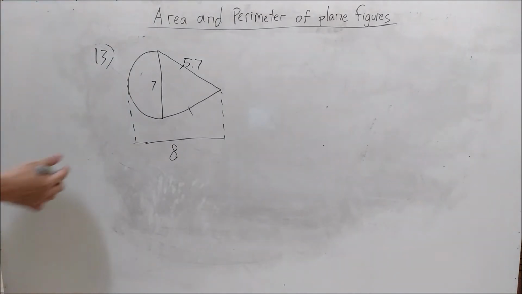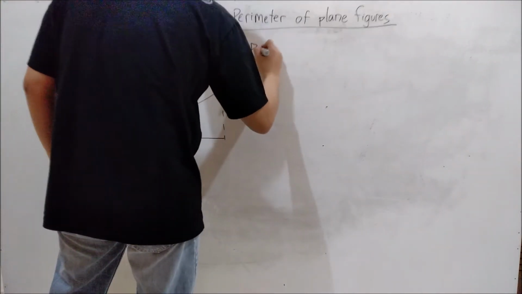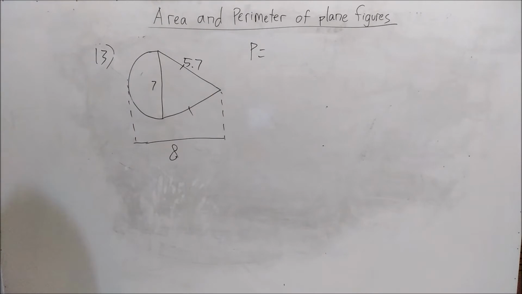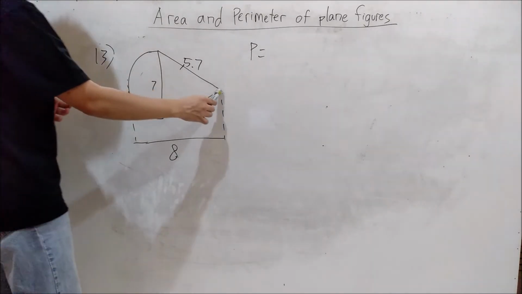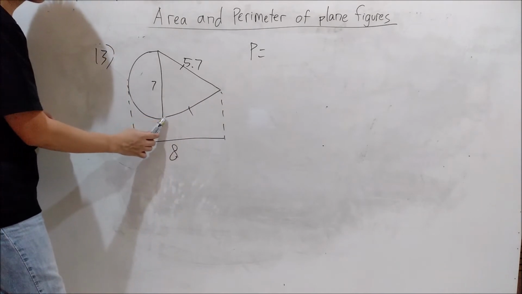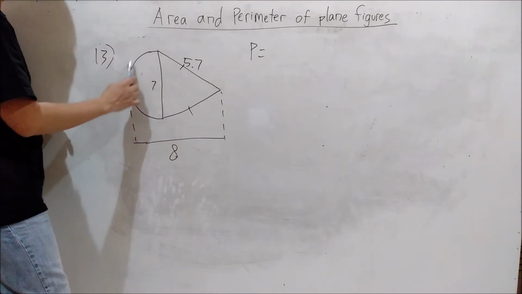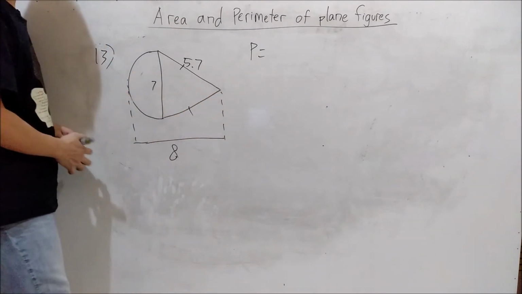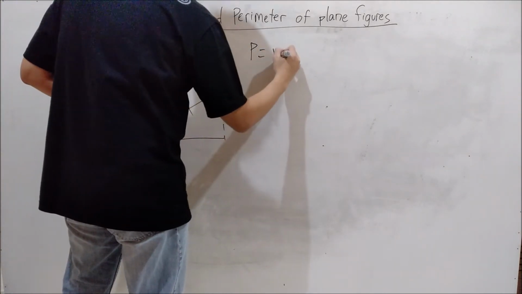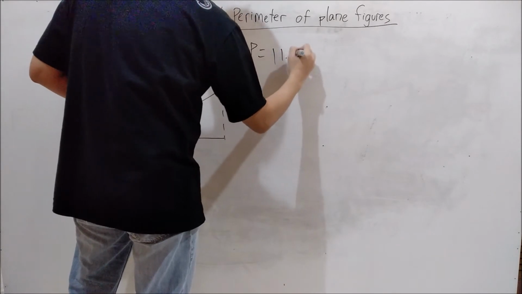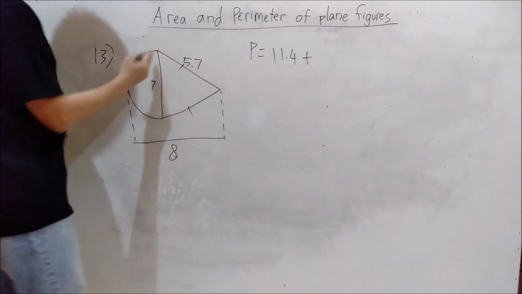So let's go with the first one, the perimeter. How do we find the perimeter of this figure? Simple. Let's start at this point. We will add 5.7, plus this half circle, plus 5.7. So 5.7 plus 5.7 is 11.4, plus half of the semicircle.